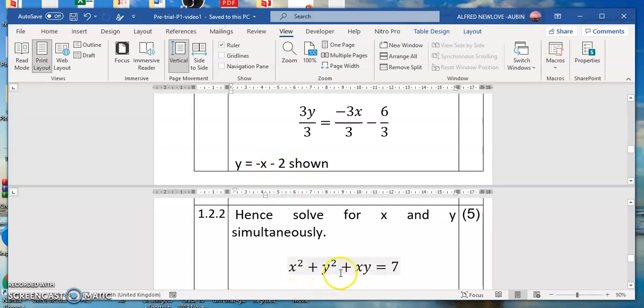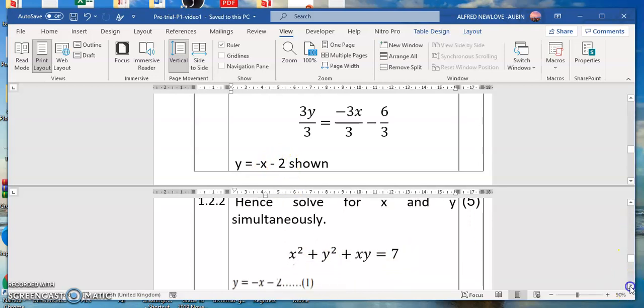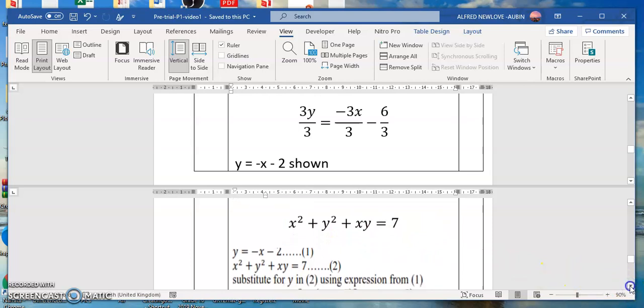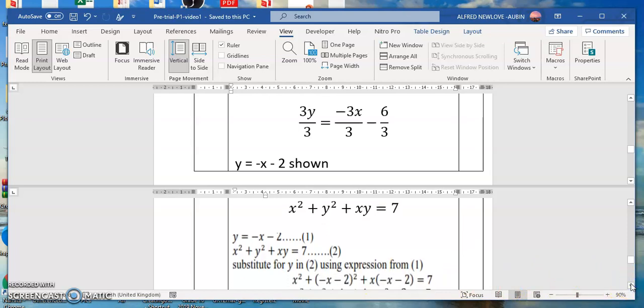Is that okay? Now, let's call this y is equal to minus x minus 2, equation 1. Then let's call this equation 2. Then we substitute y into equation 2 using the expression from 1.